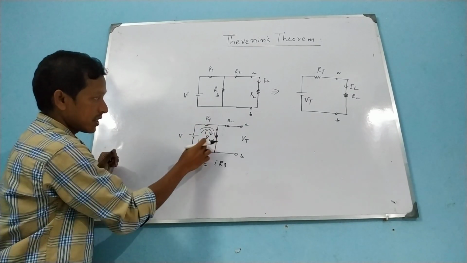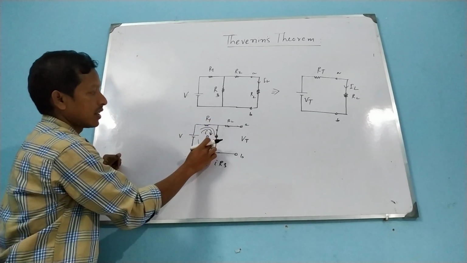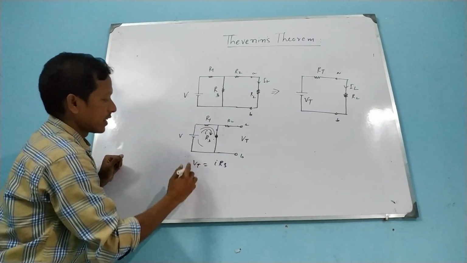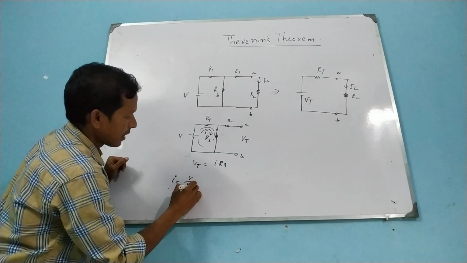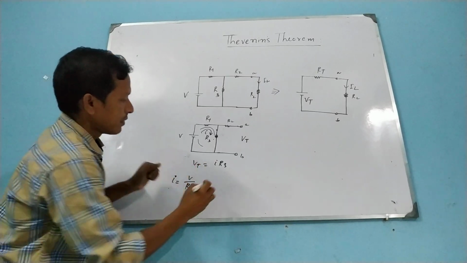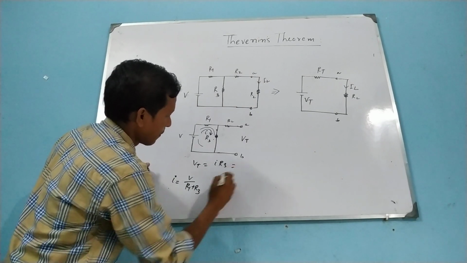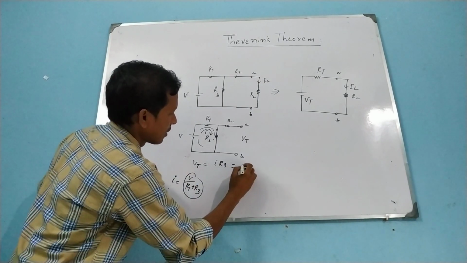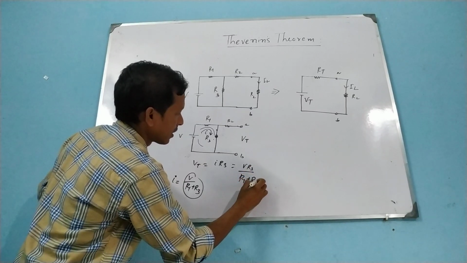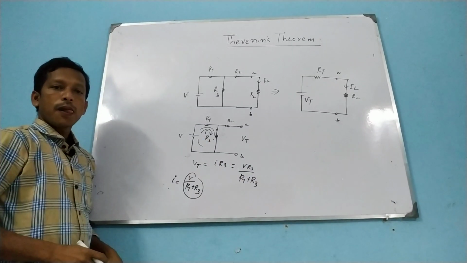So, the total resistance in the loop is R1 plus R3 and the supply voltage is V. So, the current in the loop is V by R1 plus R3. So, Thevenin's voltage will be I times R3, that is V R3 by R1 plus R3.